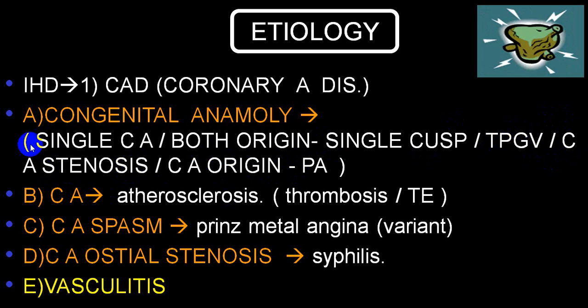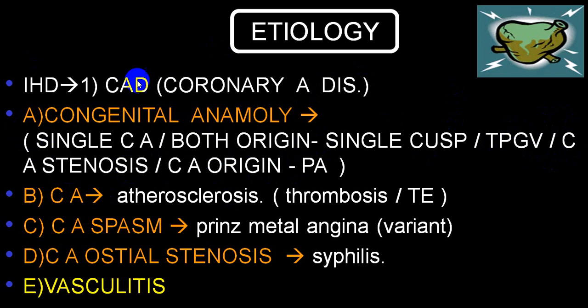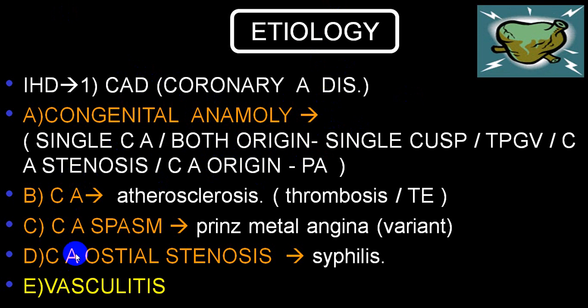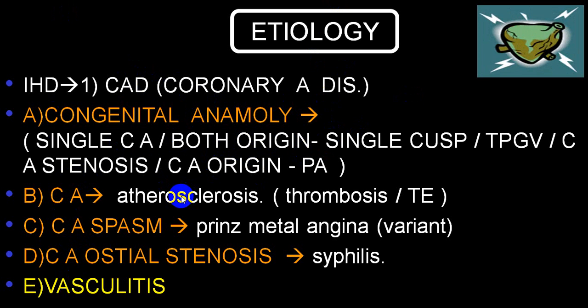In all these conditions there will be ischemic heart disease, and if it is severe enough, at a very early age it will result in coronary artery disease, which will end up with ischemia. Among acquired causes, atherosclerosis comes topmost on the list, where we get two varieties: stable plaque and unstable plaque.